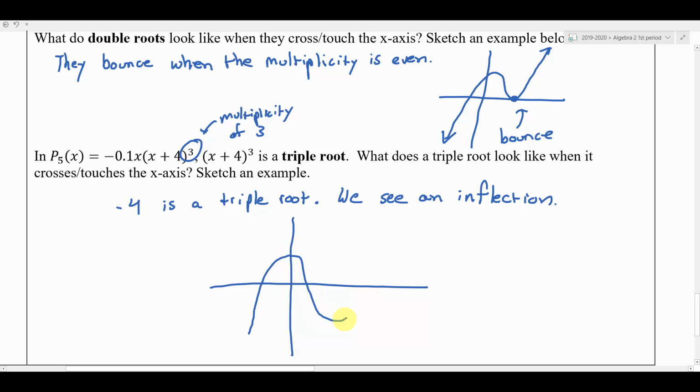Pass through, and then we'll do a little inflection here, just like that. Okay. So this point right here, that's our inflection. So it's still passing through, but it's different than when we pass through here and here. This just passes through without any change in behavior, but here we have that inflection or that flattening out when we have a triple root. Okay.